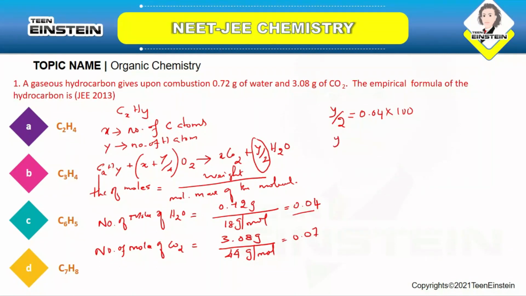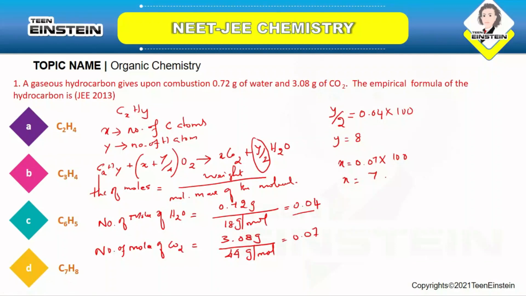So y is equal to 8. Next, let's take the coefficient of carbon dioxide, which is equal to its number of moles. So we get the value of x: x is equal to 0.07 multiplied by 100. So x is equal to 7.